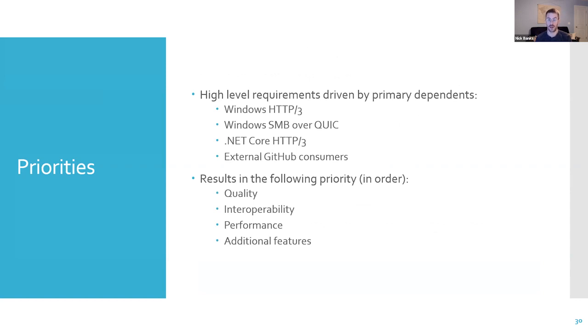A lot of cool features in the QUIC protocol, some of which we're still yet to fully implement. But at the end of the day, our consumers drive the priorities for our development. This results in putting most of our focus on making sure kind of the basics are as good as they can possibly be, make sure they're very solid. It's got to work, it's got to be interoperable, and it can't crash.